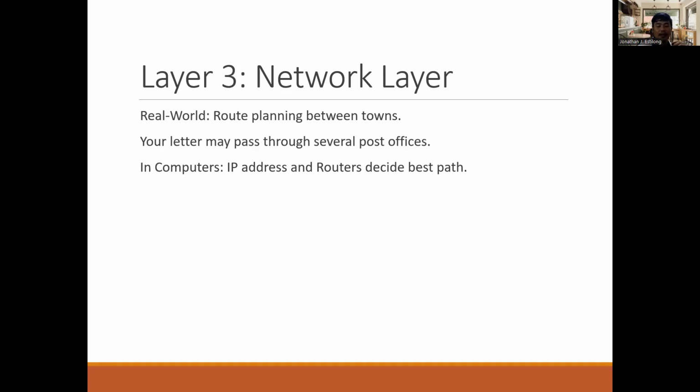For example, the post office decides which roads, highways, or post offices the letter passes through before it reaches your friend's town. In computers, this layer uses IP addresses and routers to find the best path to deliver the data across the internet.